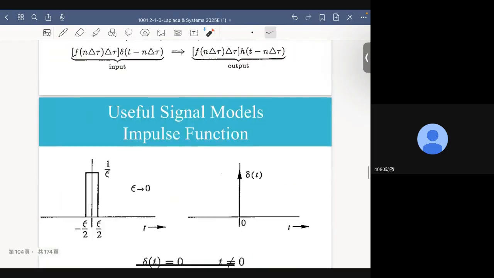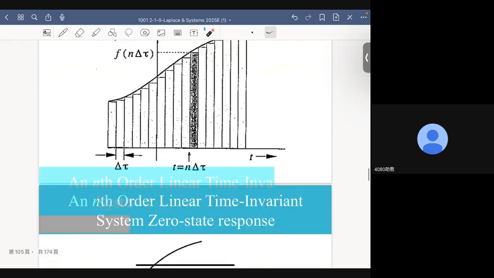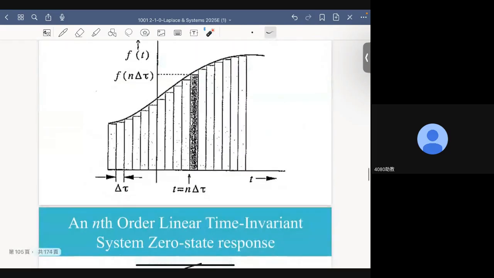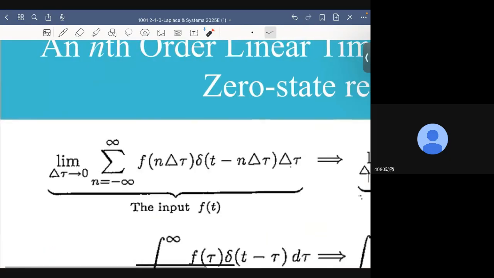Now, remember that what we have dealt with is just one rectangle. Since we need to consider all rectangles, because the sum of these rectangles represents the signal itself, what we need to do is take the summation, from n equals minus infinity to positive infinity.